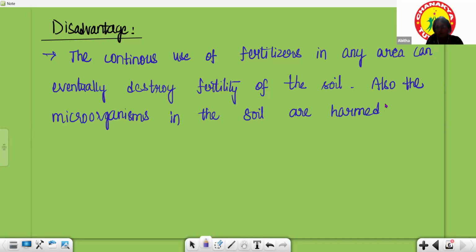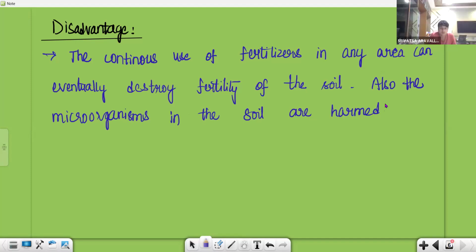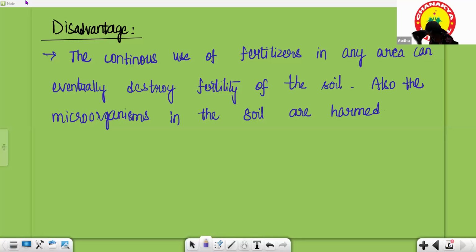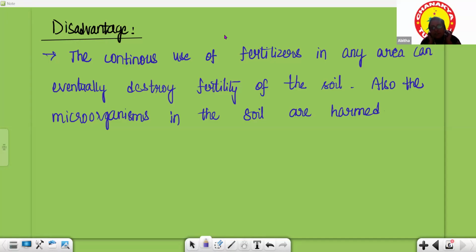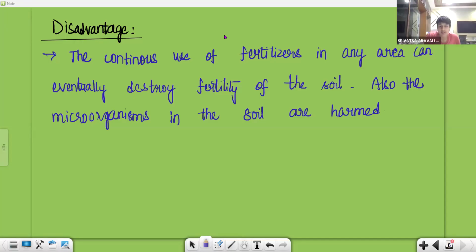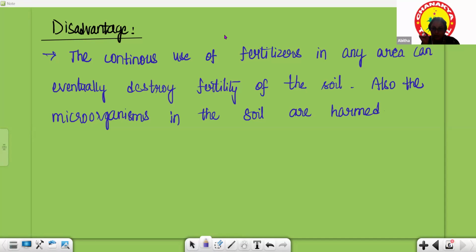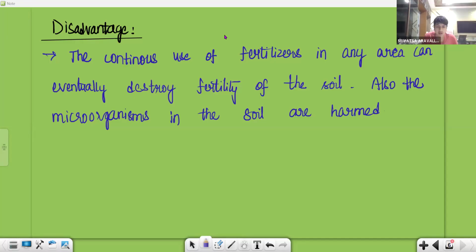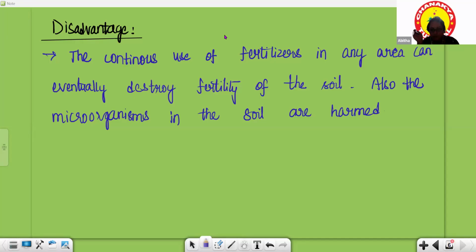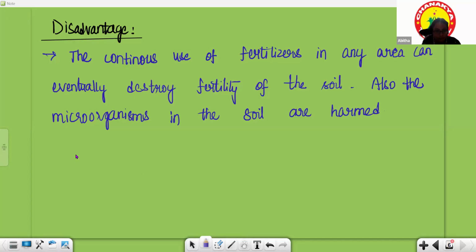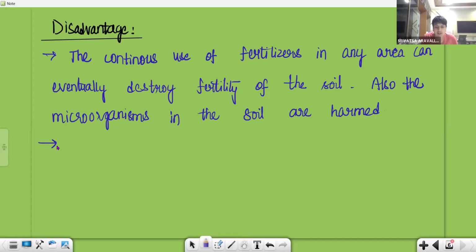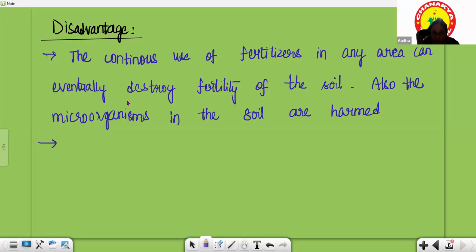Why are microorganisms important? Microorganisms in the soil are good and helpful. Fertilizers harm the microorganisms, they will kill the microorganisms in the soil when you spray them. So it will destroy the fertility of the soil, as well as the microorganisms.